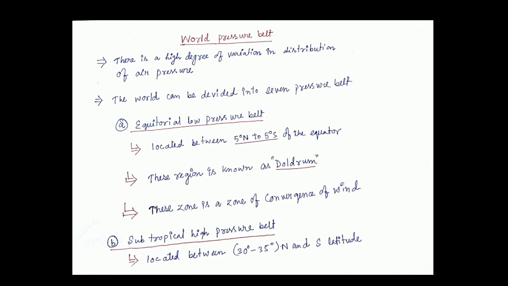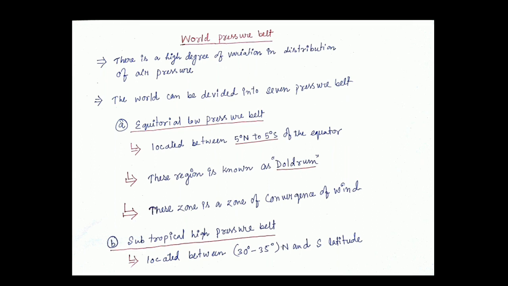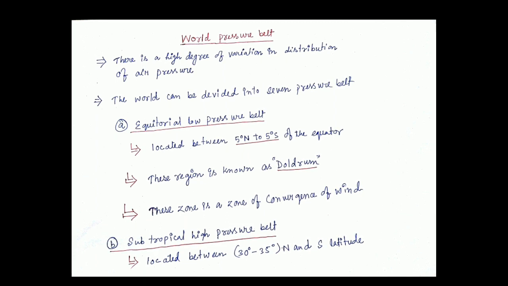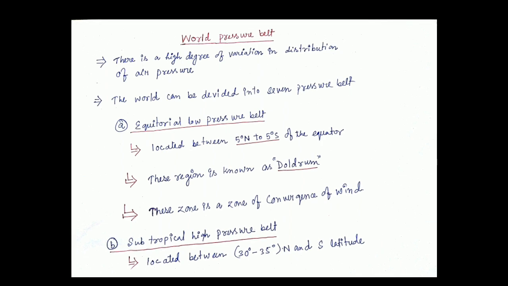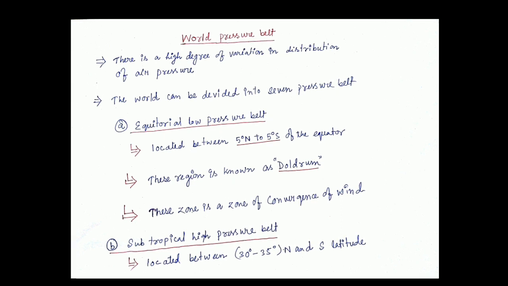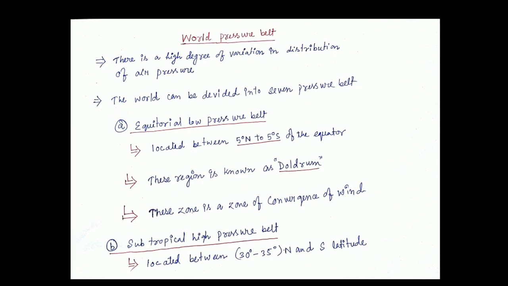Next comes the subtropical high pressure belt. It is located between 30 to 35 degree north and south latitude. That means it is located between 30 to 35 degree north latitude in the northern hemisphere and 30 to 35 degree south in the southern hemisphere.